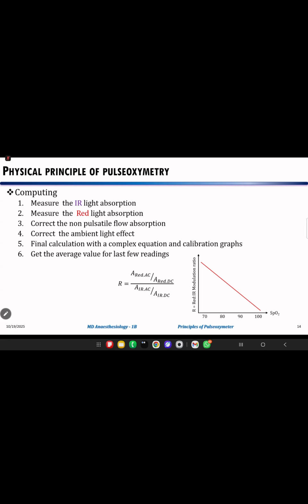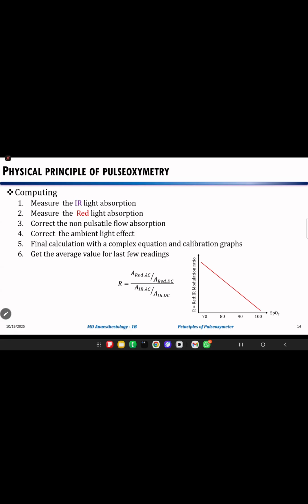This is a very complex calculation that they do to get the final saturation value. But in the computing, they will measure the infrared light absorption, then measure the red light absorption, correct for the non-pulsatile flow absorption, correct for the ambient light effects, and use these values to get the final calculation.